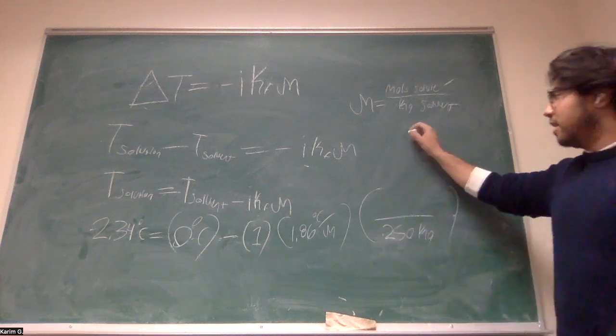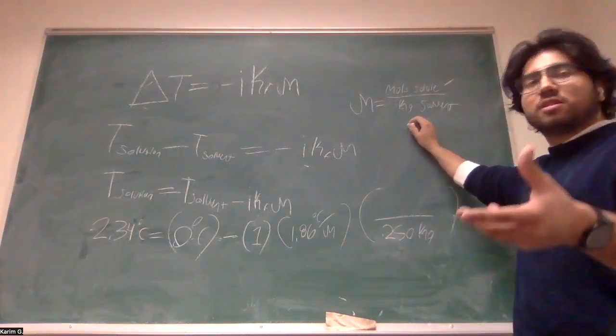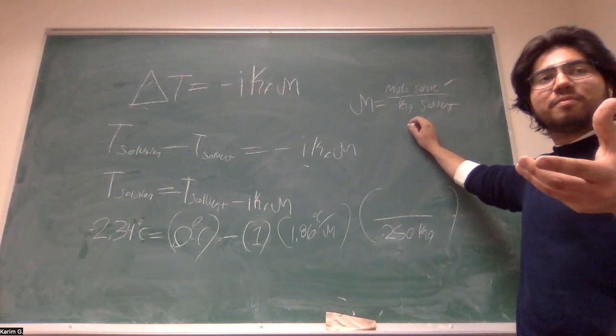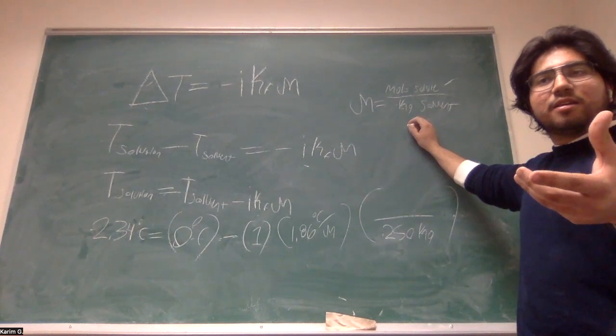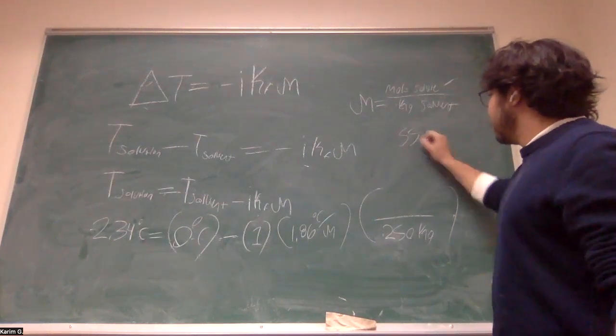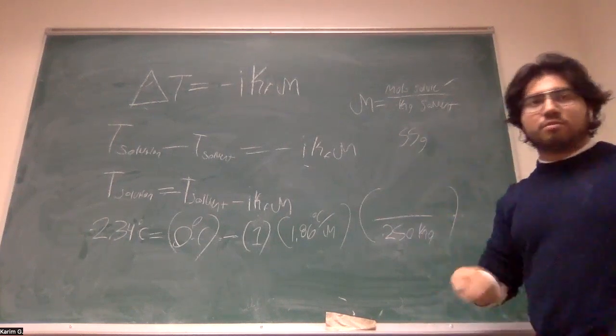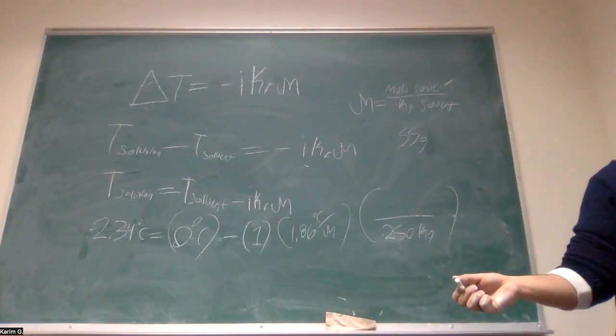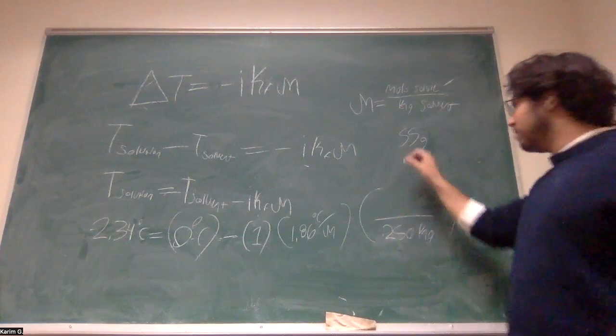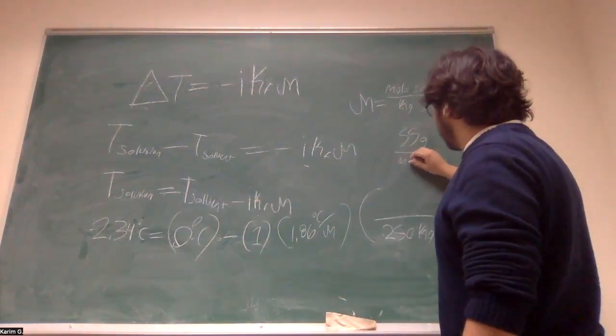We would treat this as X, the molar mass. What's the mass of our solute? 55 grams. How do I get to moles? We divide that by the molar mass that we don't have.